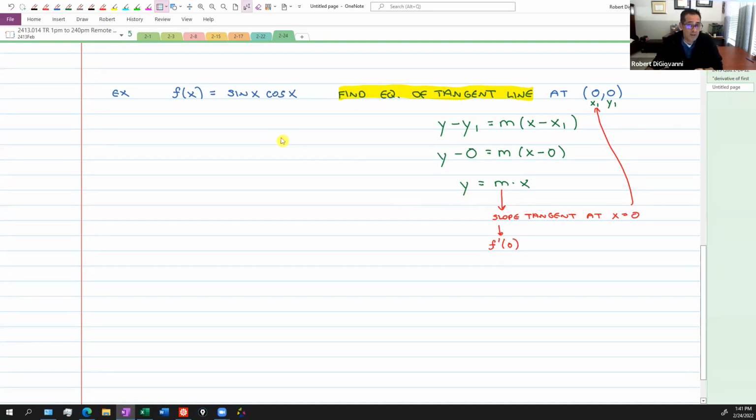Which means we need its derivative first, right? We need to take the derivative and then plug 0 in for x. So when I take this derivative, again, I have to recognize I have a product here. So I'm going to have to do the product rule. That's my f, that's my g. And then I just use the rule.